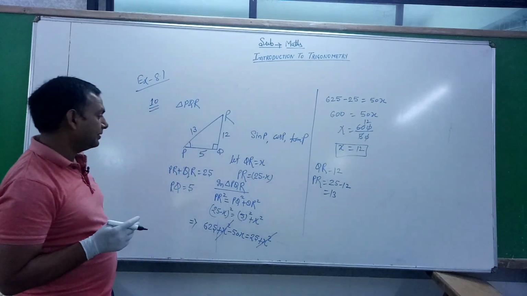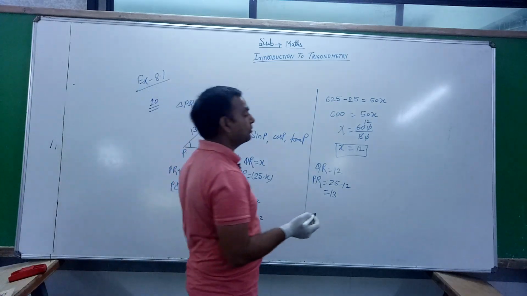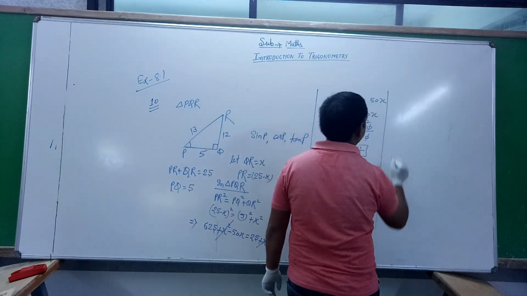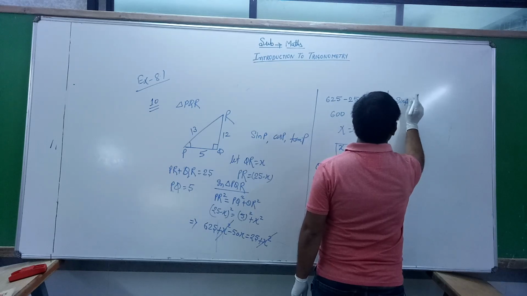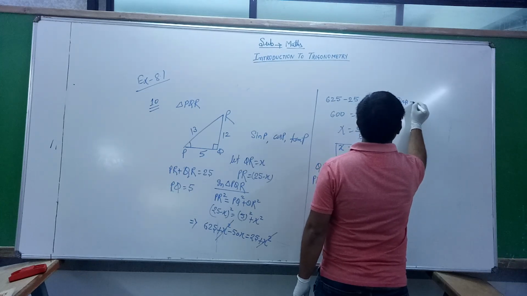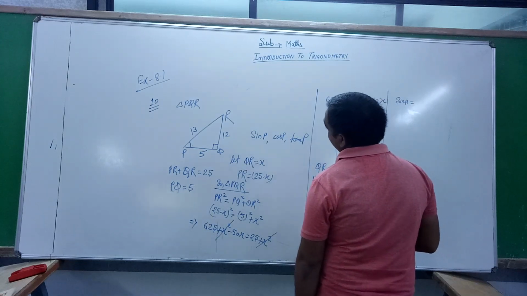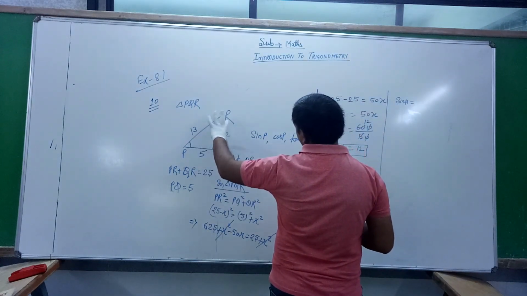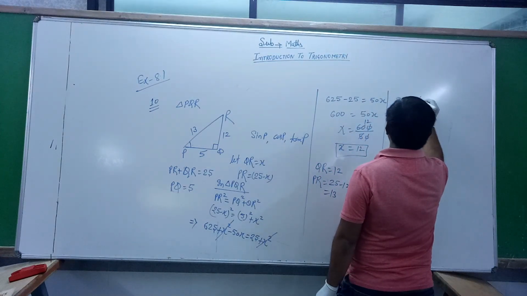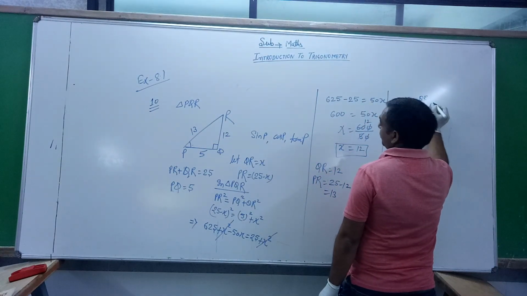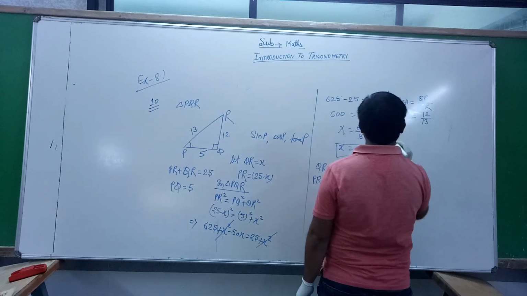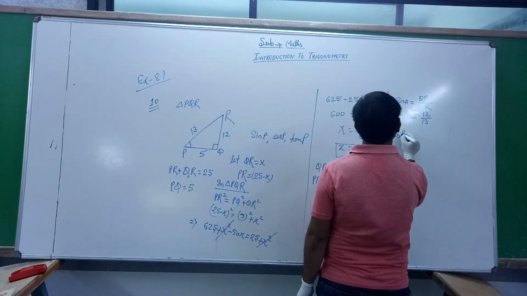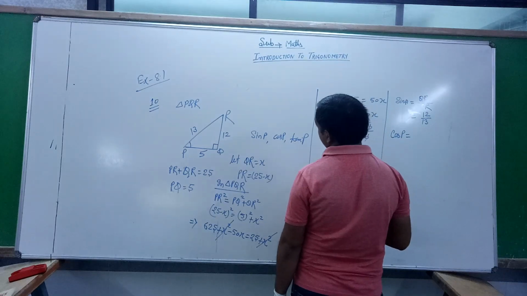After that, you find the value of sin P. The value of sin P, if you take the angle P, this is the altitude, or perpendicular, so this is QR, upon the hypotenuse, PR. QR is 12 upon 13. Then after that, cos P is equal to base.